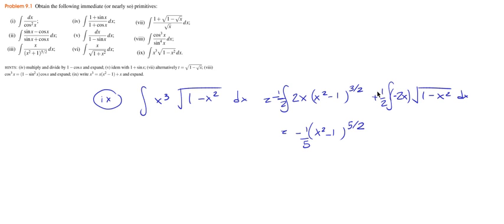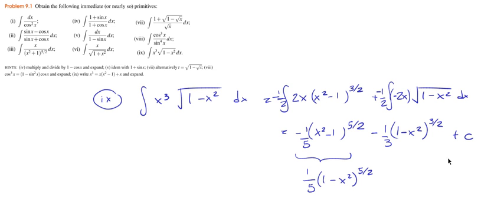So we have minus the integral of this, which is 1 minus x squared to the 3/2 divided by 3/2, times 2/3, which is 1/3. And if you want, you can change the sign here, so this is 1/5 of 1 minus x squared to the 5/2, all of this plus c. Okay, and that ends the exercise.